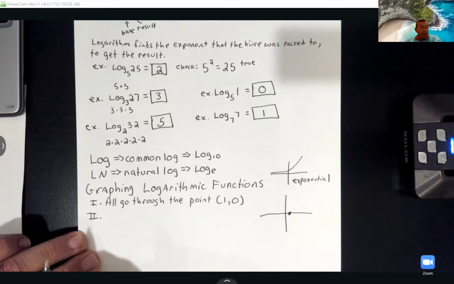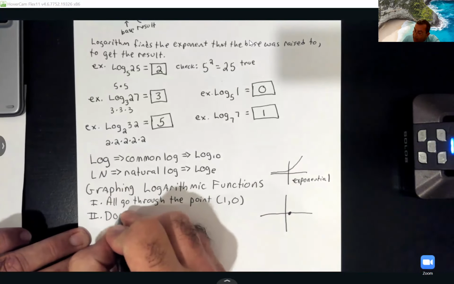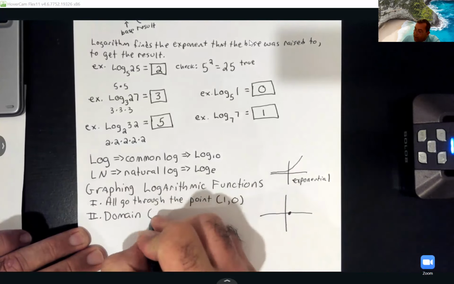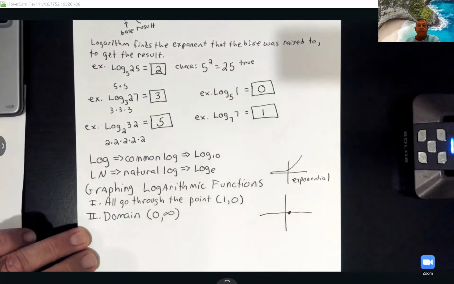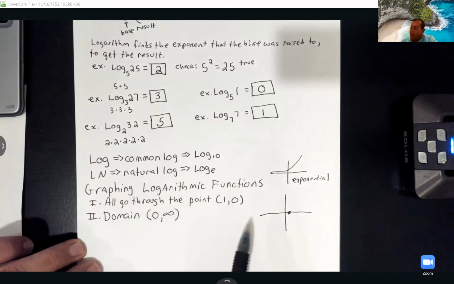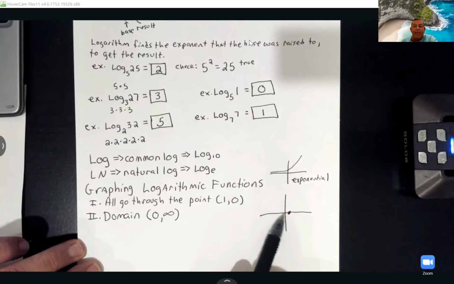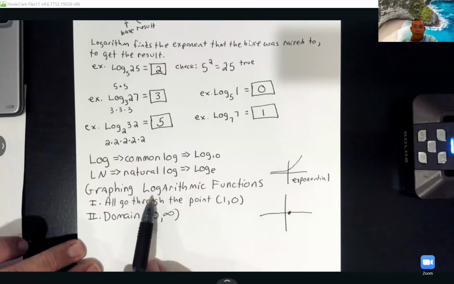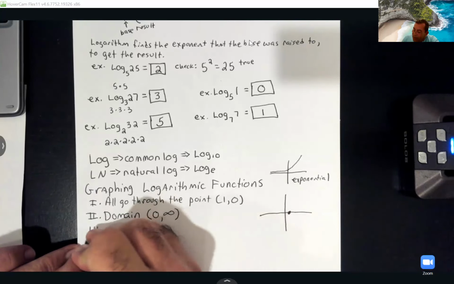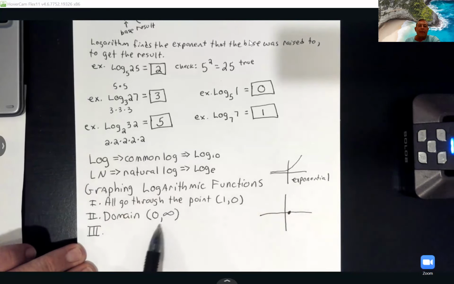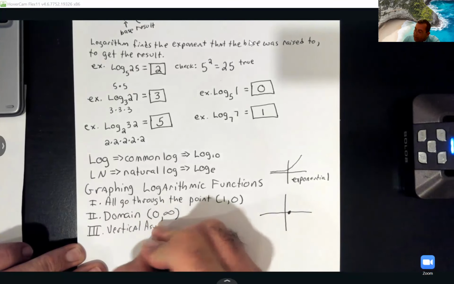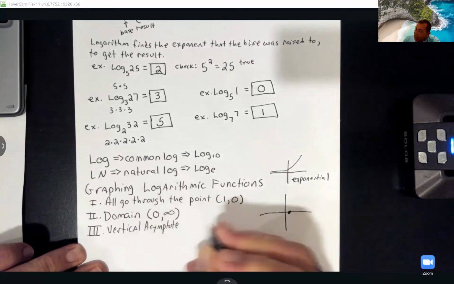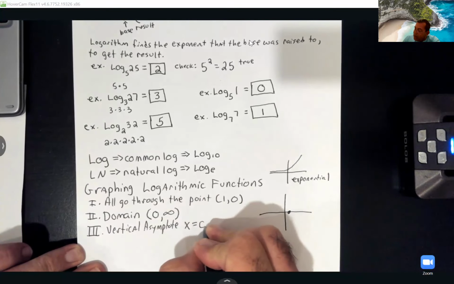Another thing, the domain is from 0 to infinity. And you'll see a little bit later why I can't have any negative x's on this logarithmic stuff, okay? Now, the third thing is it makes a vertical asymptote at x equals 0.